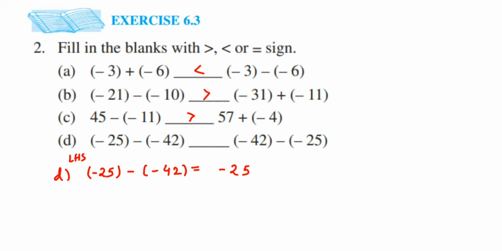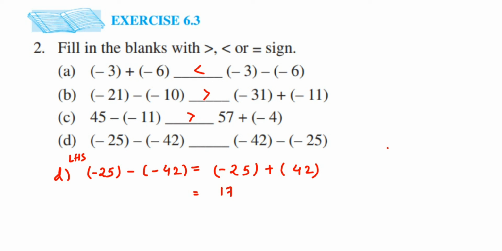Instead of subtraction, I'm going to put a plus sign, and the additive inverse of minus 42 is 42. Since both integers have different signs, we have to subtract them. When you subtract 42 and 25, you will get 17, and since 42 is greater, the answer will be plus because 42 has a positive sign.